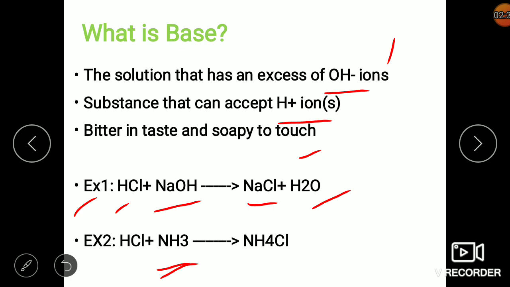And in the first one, sodium hydroxide, it is accepting the proton as well as it is able to furnish OH minus ion in the solution. So we can say that the base is the solution that can give OH minus ion or can accept H plus ion. The taste of base is bitter, and when we touch the basic solution it will be soapy.